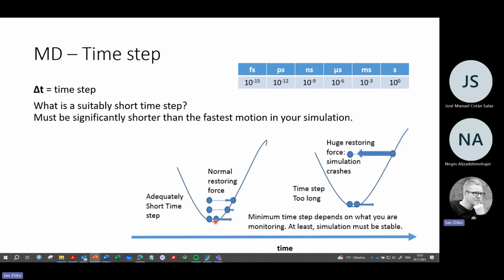From here to here is the time step. Because this particle, let's say B, moves away from the equilibrium position, it will have the tendency to go back. So we have some force which has been created and forces the particle to go back to the equilibrium position. And this force is quite okay, so the system can happily develop.